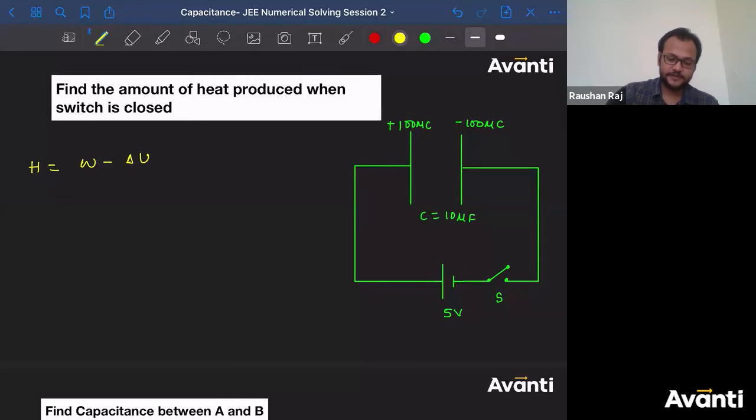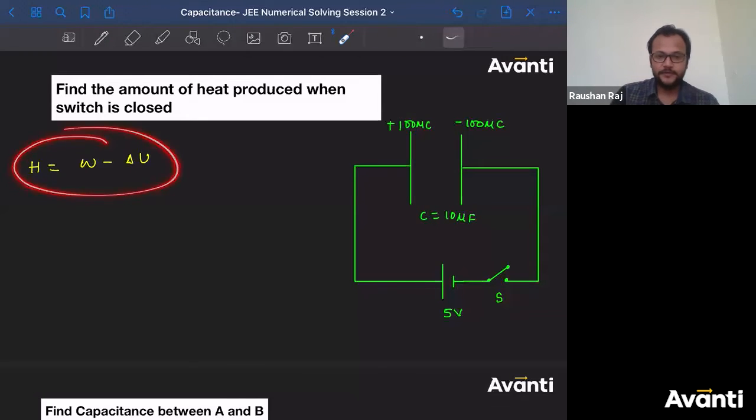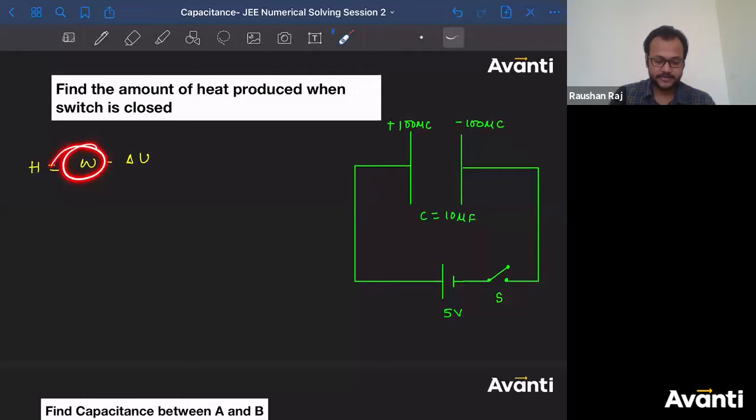Anyway, for reference, I've already given the formula also. You have to find the work done by the battery and the change in potential energy. Just find those parameters and you'll get the answer.